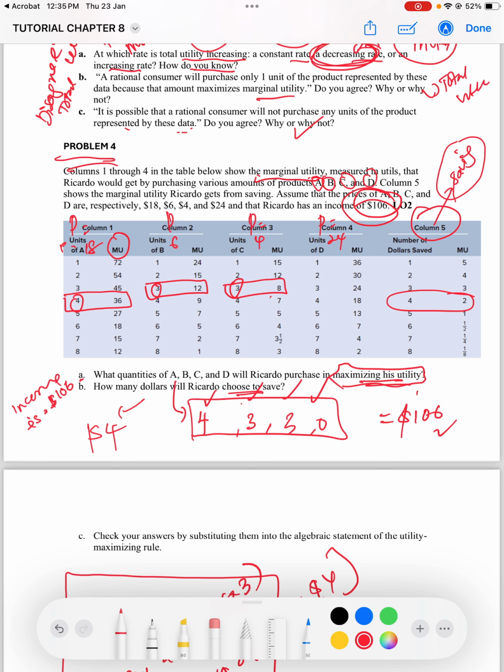Because he has 106, remember? This is the maximum that he can buy from all A, B, C, D.